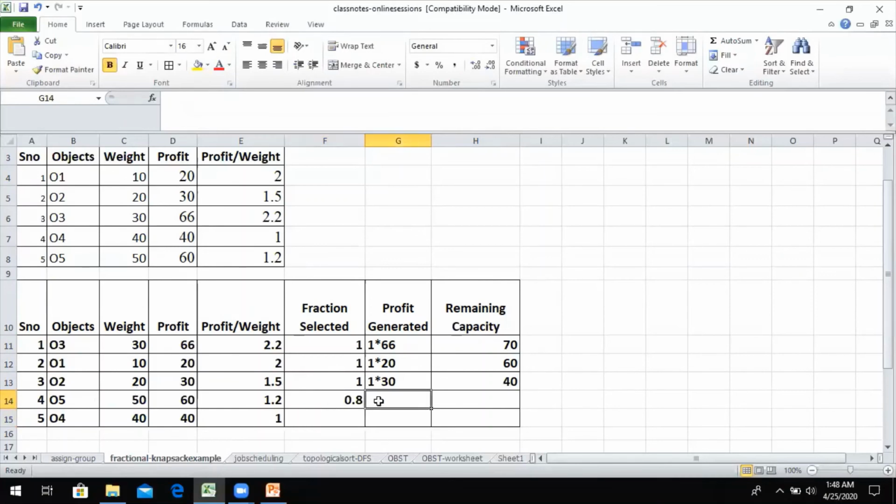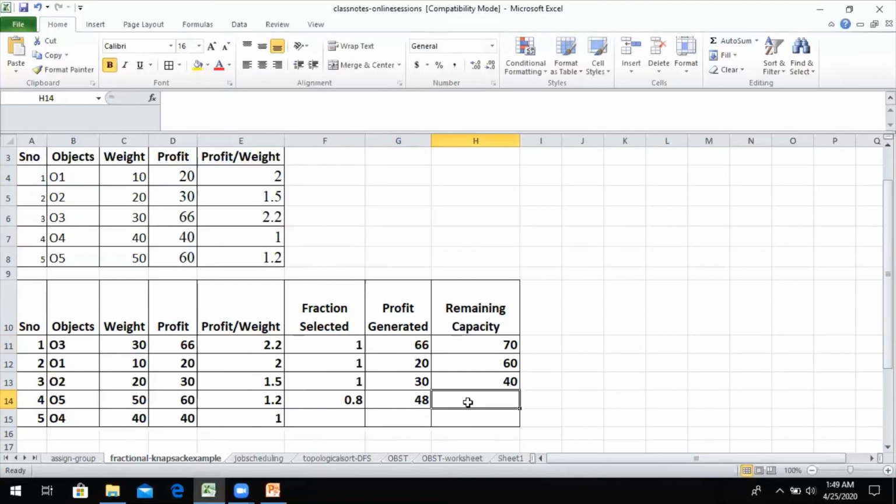And since it is 0.8 units of the object O5 selected, the profit generated would be 0.8 into the profit of O5, which is 60, which is 48.